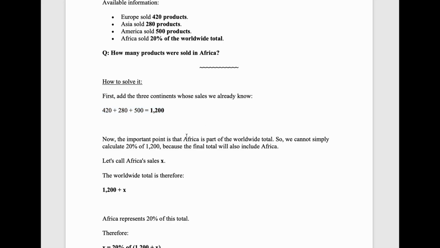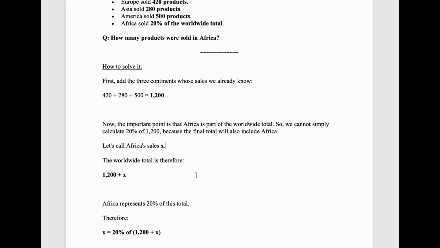Now, the important point is that Africa is part of the worldwide total, we are told in the question. So we cannot simply calculate 20% of 1,200, right? Because the final total will also include the figures relating to Africa.